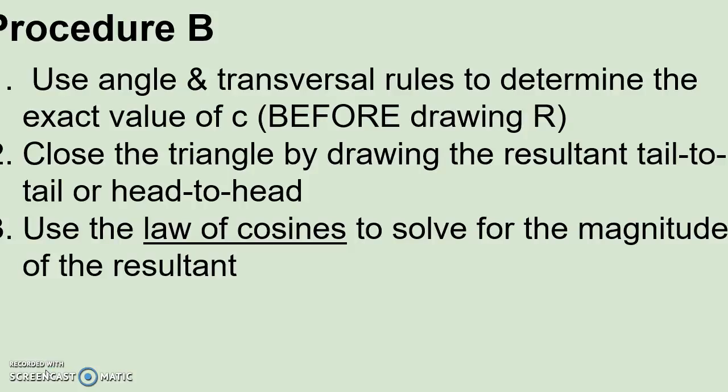Use the law of cosines to solve for the magnitude of the resultant. This takes the place of the Pythagorean theorem that we are so familiar with, and it relies upon many of the same variables. For more information on the law of cosines, see Chapter 4, Section 1.